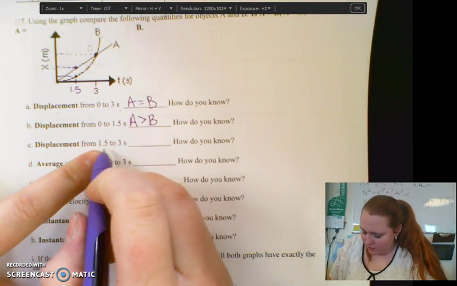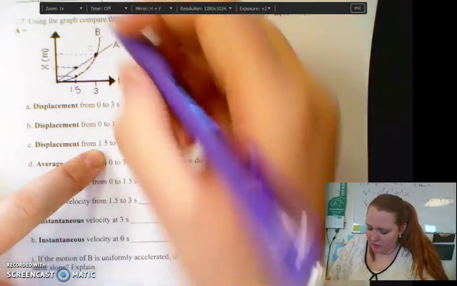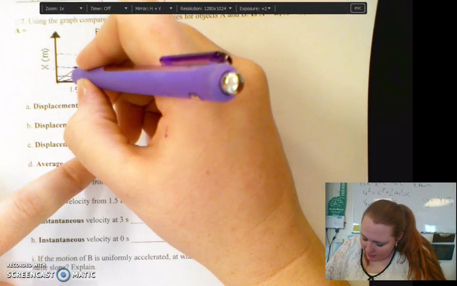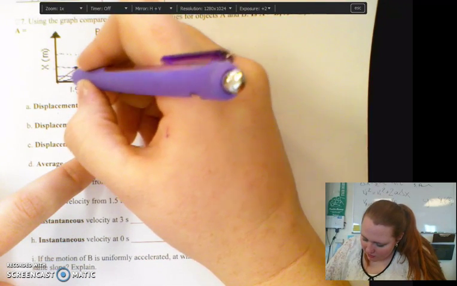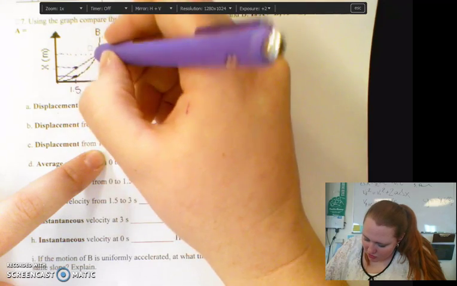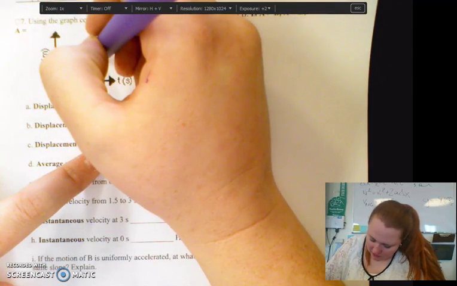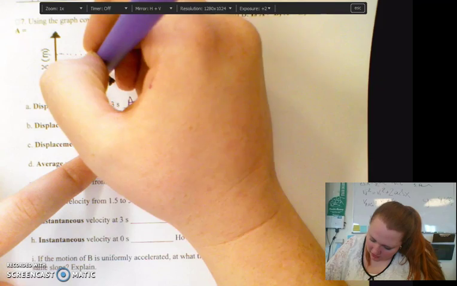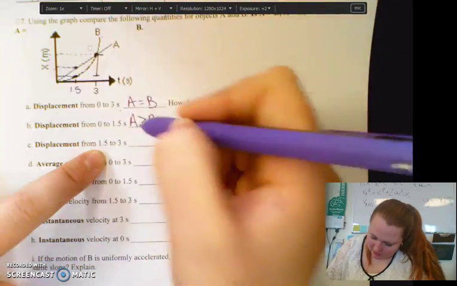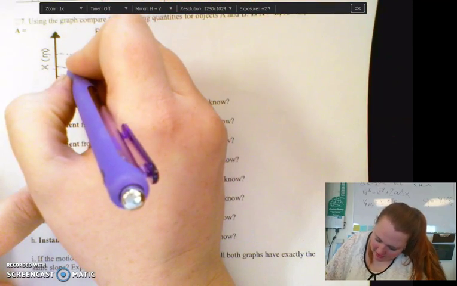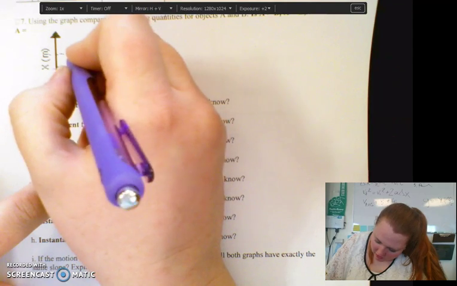Now if we look at the other side from 1.5 to 3 seconds, B, because he's accelerating, has to go from a very small position to whatever this final position is. So he's actually traveling this displacement, and A is going from here to here.